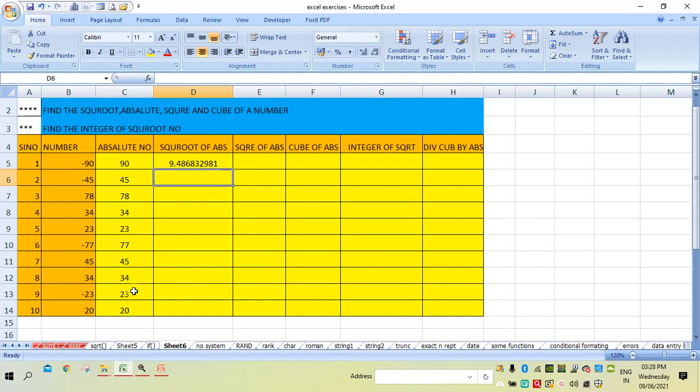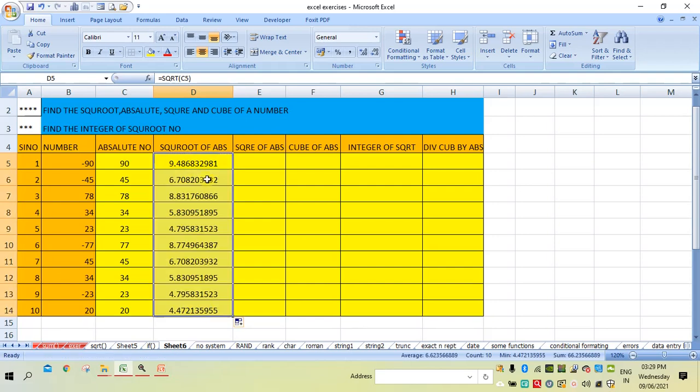Similarly, to find the remaining, just copy this formula in these columns. These all are square roots of these values. Now let us find the square of the absolute value. To find the square of the absolute value, the formula will be equal to the cell address and then the caret symbol.